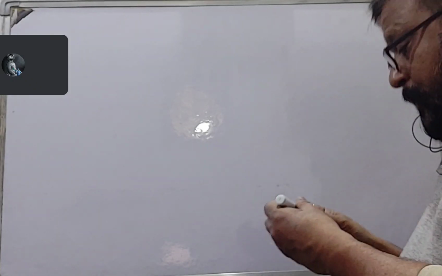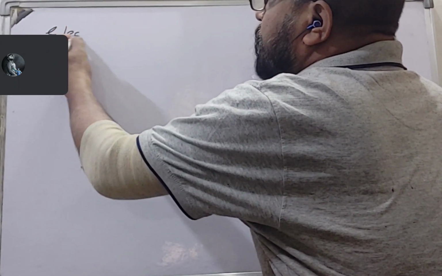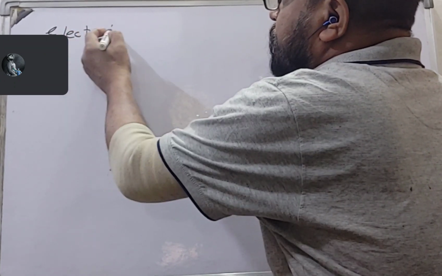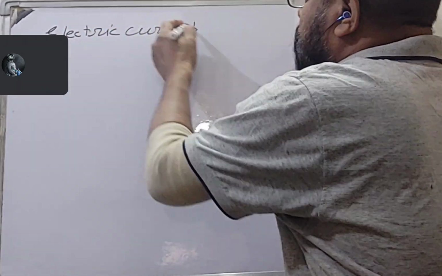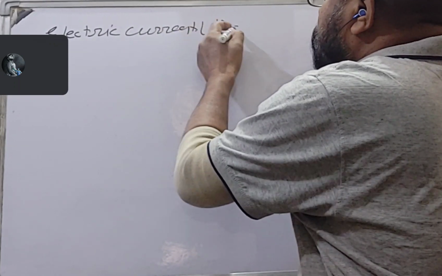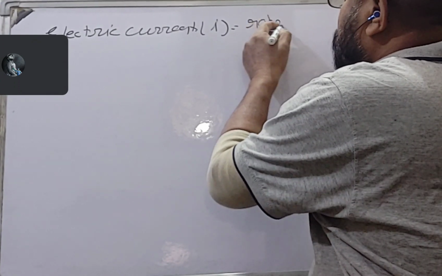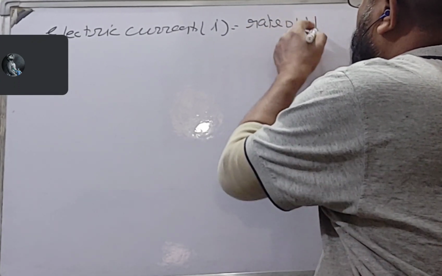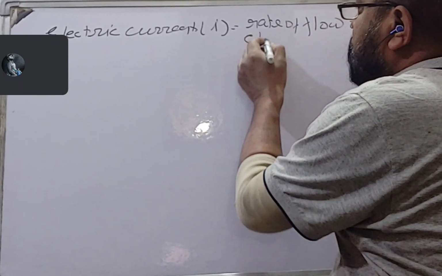Right. If we talk about electric current, I is equal to the rate of flow of charges, right?